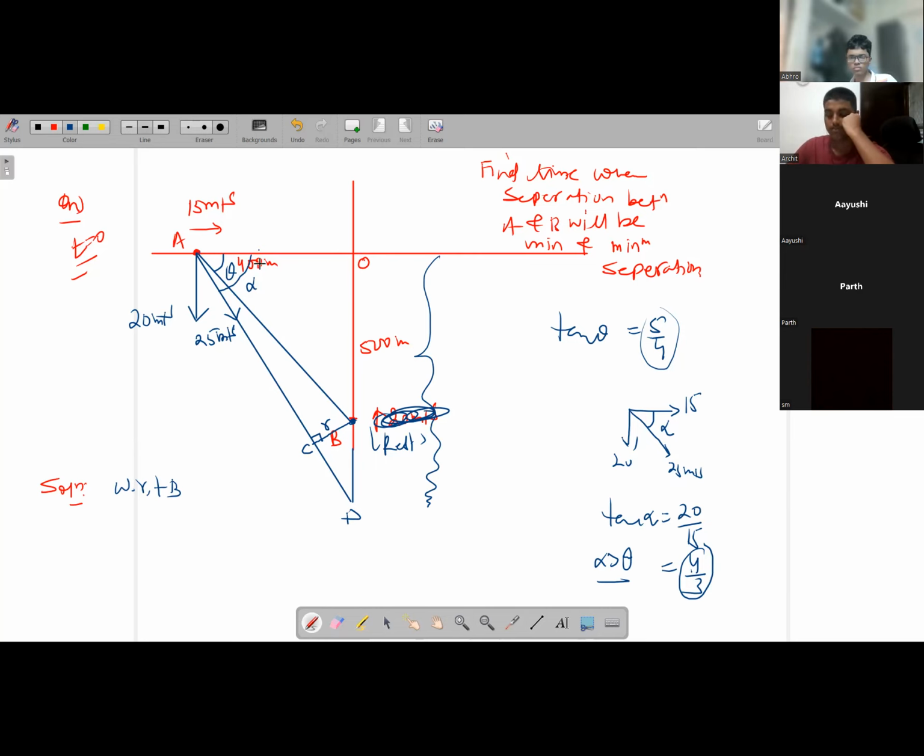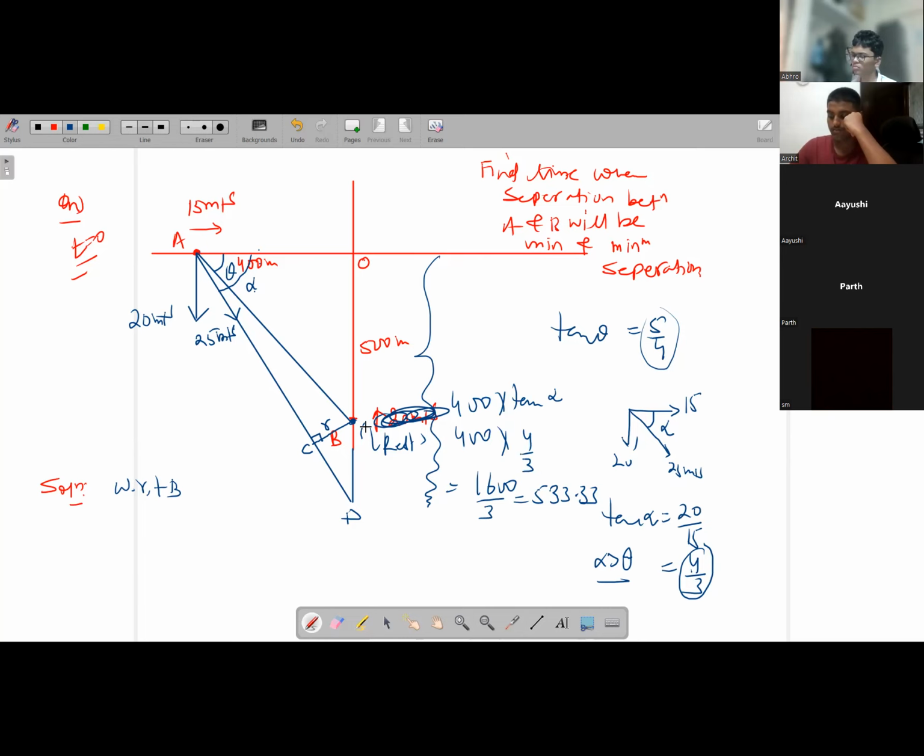So this distance will be 400 into tan alpha, so 400 into 4 by 3. So this is 1600 by 3, which is 533.33, right?